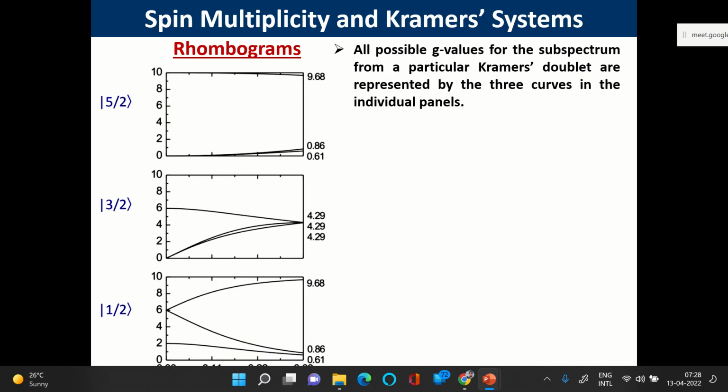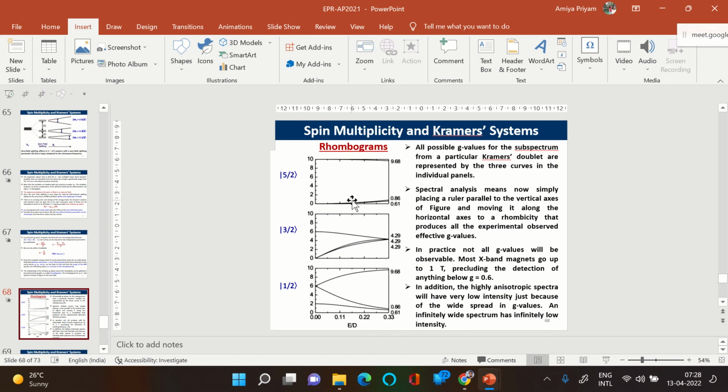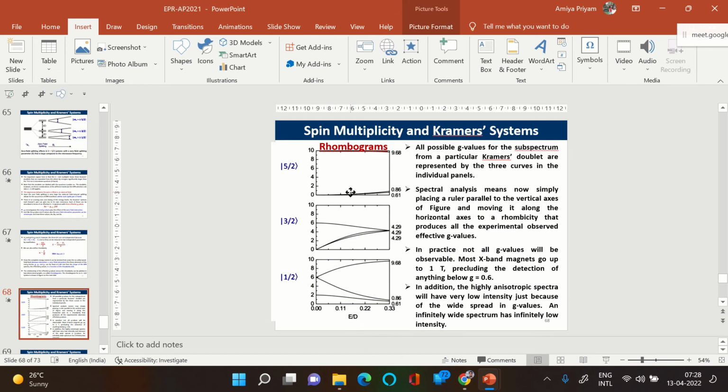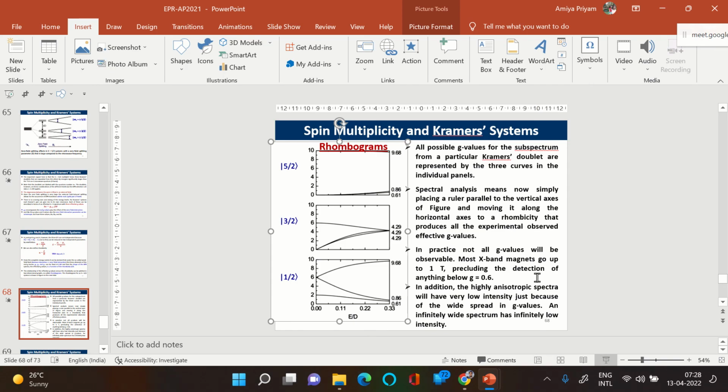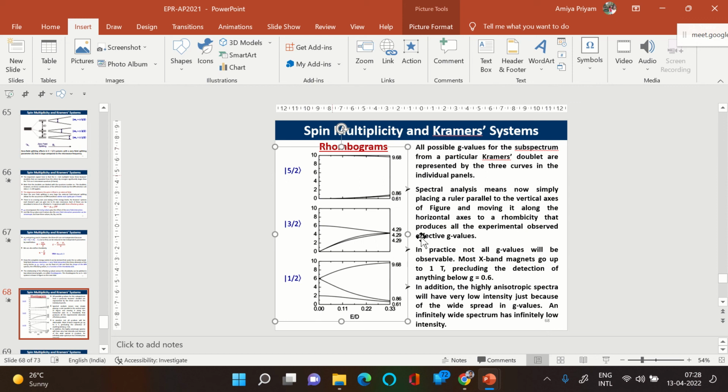So this is what we call a rhombogram. It is getting cut, why? Yes, let me move it up a little. One minute. Let me just stretch it. Yeah, now it's okay.